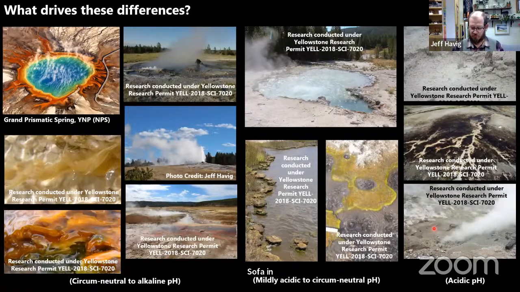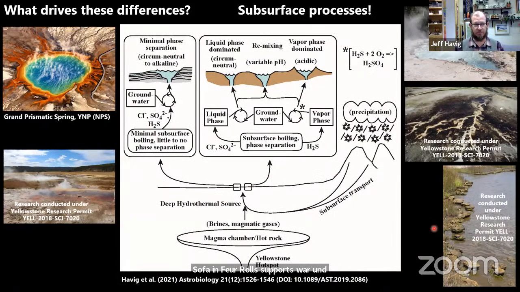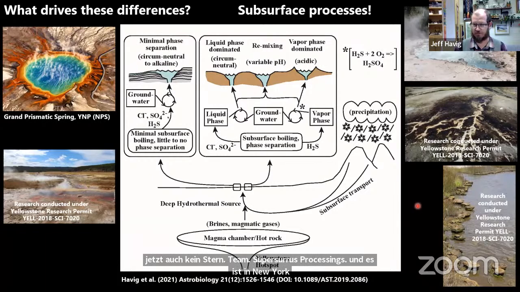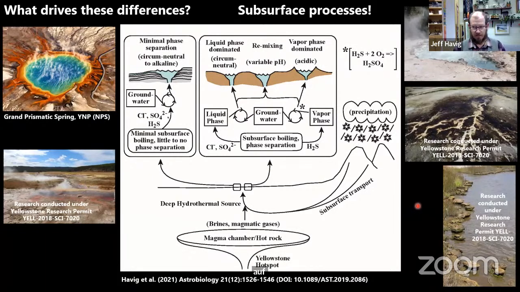And so, what drives these surface expressions, and why do we get these at the places we see? So it all comes down to subsurface processes, and this is near subsurface. So within the top 100 meters or so of the ground surface, typically, and sometimes even closer than that. And so I'm going to just walk you through this cartoon really quick to inform you on what I'm talking about.